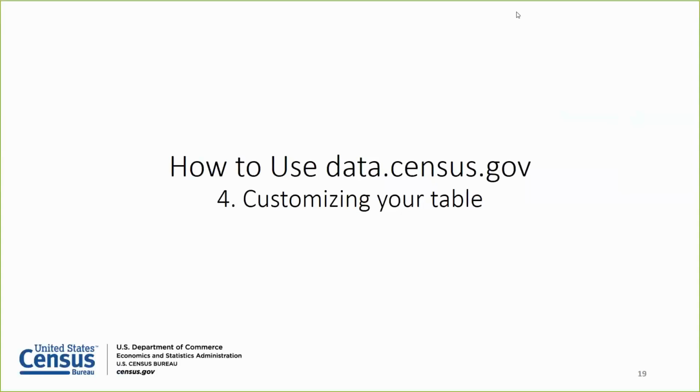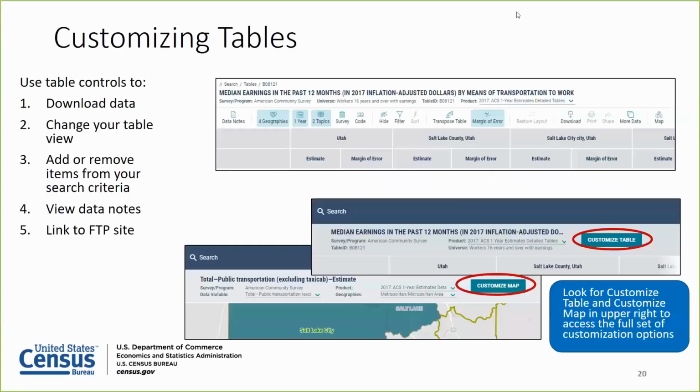So let's next look at how to customize a table. When you pull up a table in the table display, you can click on the box that says Customize Table. That's in the upper right-hand corner and allows for that customization option.